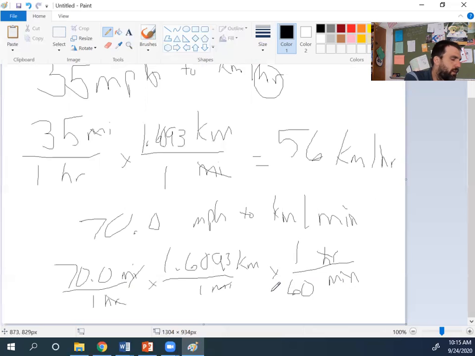So 70 times 1.6093 divided by 60 is 1 point something. So I need how many significant figures? Well, how many did I start with? 3. 70.0 is 3, zeros after the decimal, after a number.